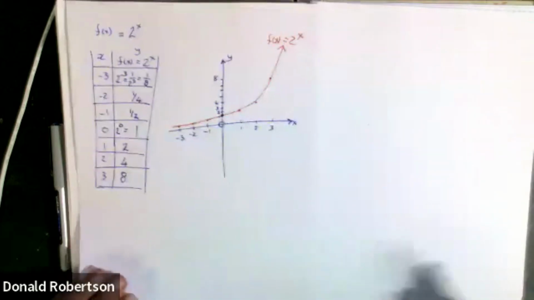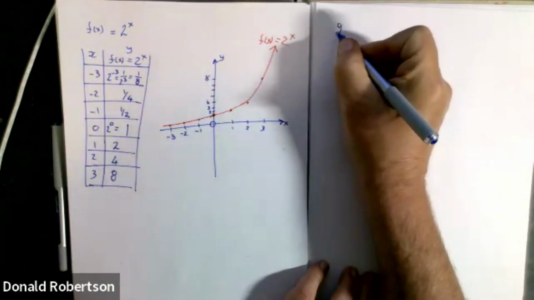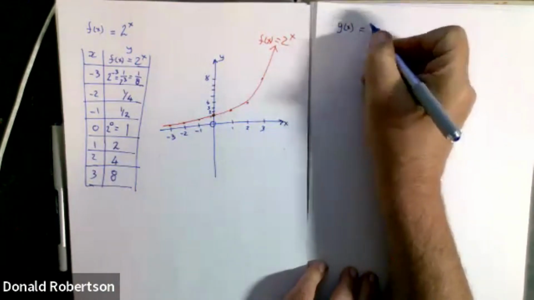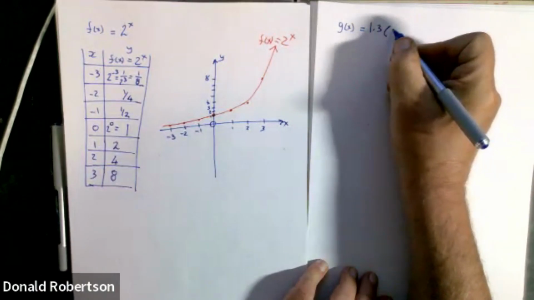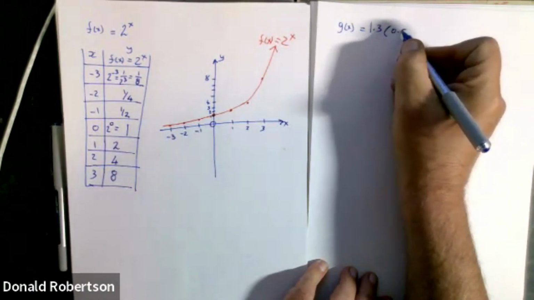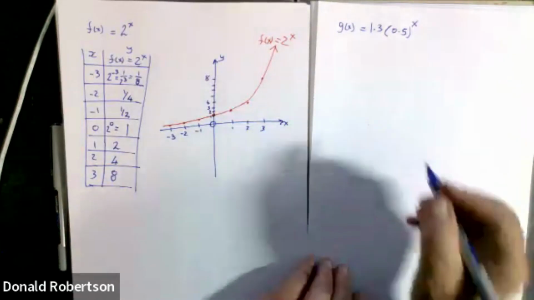Now, if you wanted to do a more complicated one, so suppose I have a function 1.3 times 0.5 to the power of x. Suppose I wanted to do that one.